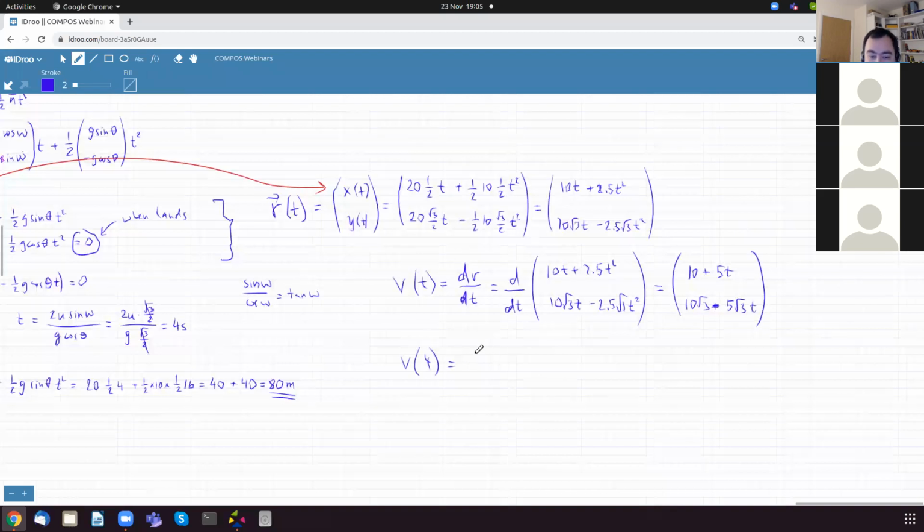So after 4 seconds, 10 plus 5 times 4, which is 30, and 10 root 3 minus 5 root 3 times 4, which is minus 10 root 3.